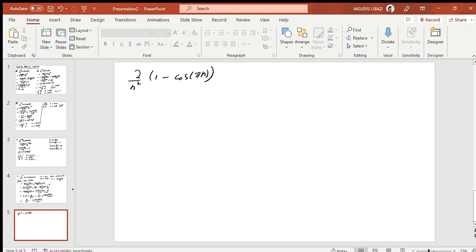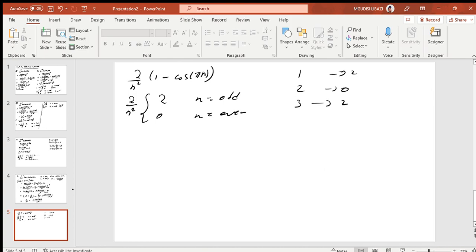So what do we do? We can substitute our numbers again to see what we get. Notice that we have 2 over n squared, and when we substitute odd numbers for n, we get 2, and we get a value of 0 when we substitute even numbers. So when you substitute 1, you get 2. When you substitute 2, you get 0.